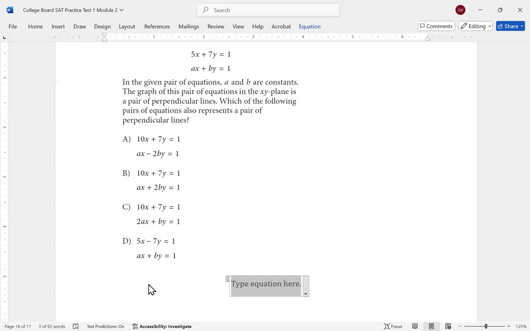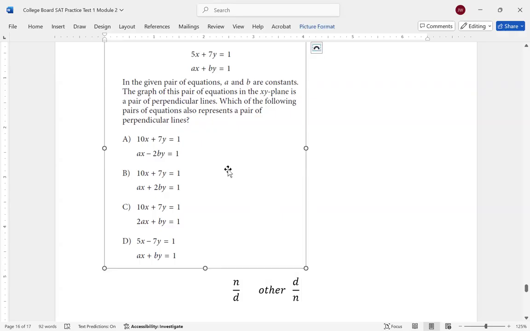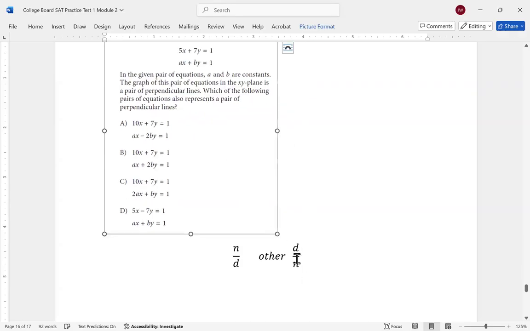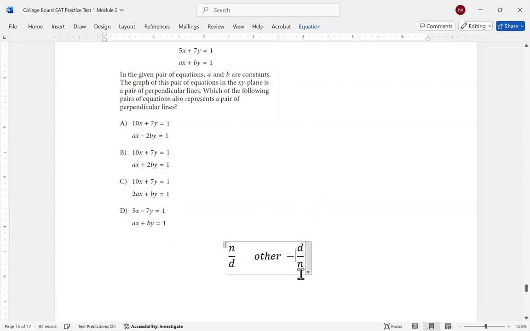Let me state this. Perpendicular lines are such that if one has slope n over d, the other has slope negative d over n.